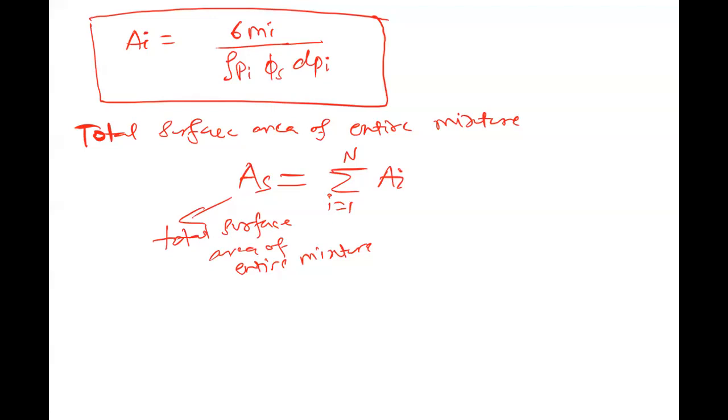So this A_s equal to what? Summation 6 m_i by rho_p phi_s d_pi, where i varies from 1 to n. Here d_pi is the equivalent diameter, no problem.